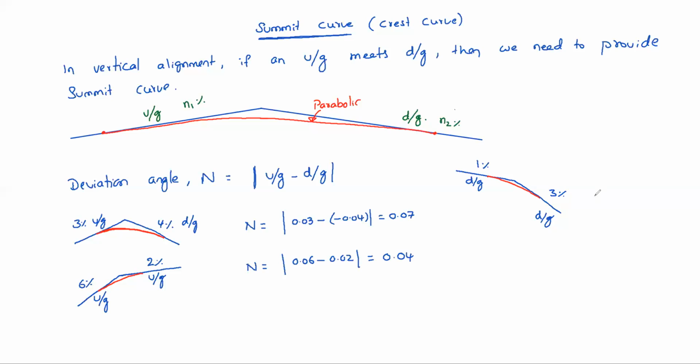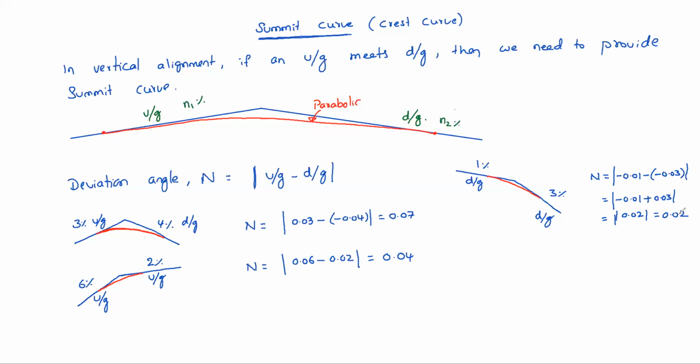So the n value here equals the modulus of minus 0.01 minus minus 0.03, which is minus 0.01 plus 0.03, that equals the modulus of 0.02, which is equal to 0.02 is the n value.